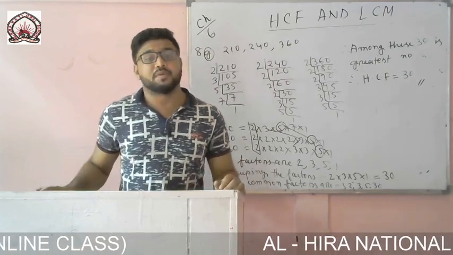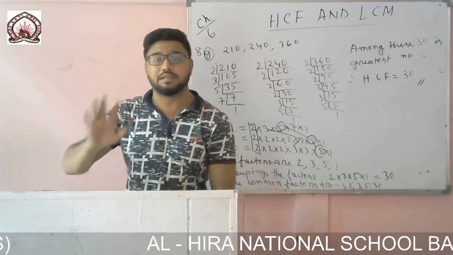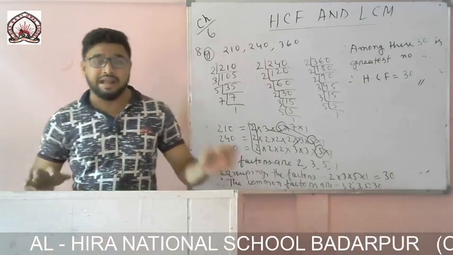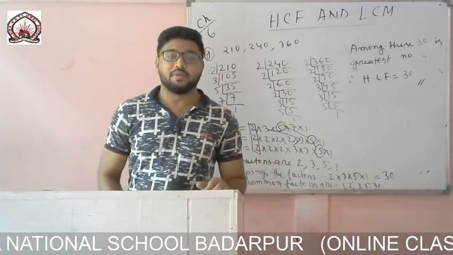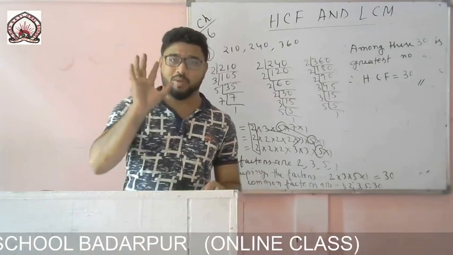That means you have to find the greatest number which will divide 54 and 81 without leaving any remainder. That means the remainder should be 0. You have to find such a number, and the number should be the greatest one.